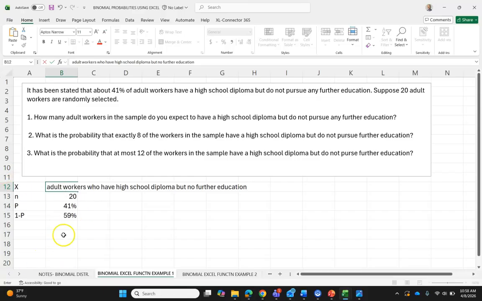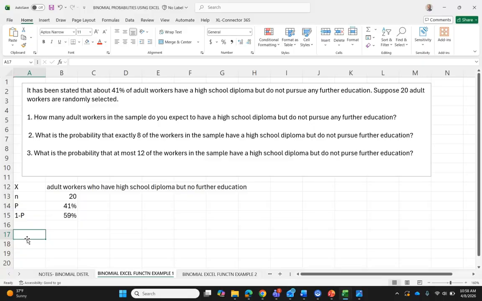So this is the information which we have so far, and let's see if we can use that information to respond to the questions. But before we go there, you can see that this information satisfies the characteristics of the binomial distribution, because we have n number of trials, we have probability of success and probability of failure, and these are constant for any experiment.